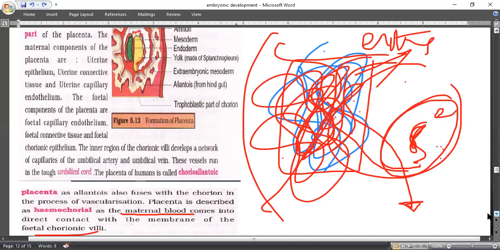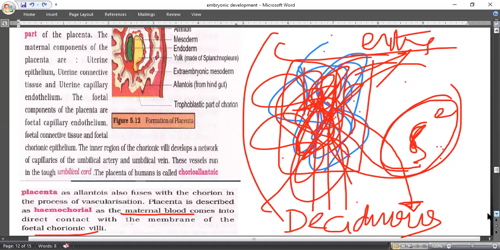Then at the time of parturition, these blood capillaries need to separate, so they will be ruptured. The rupturing of what? Extra embryonic blood capillaries. That's why our placenta is also called deciduous placenta. Don't be confused with deciduous. Ours is hemochorial, ours is deciduous, and ours is a chorioallantoic placenta.